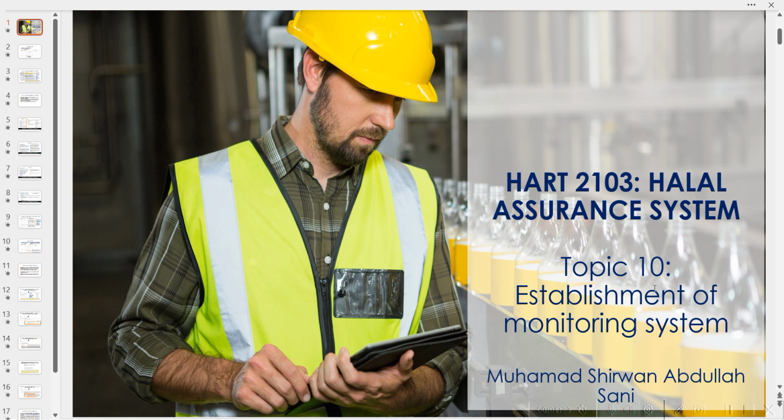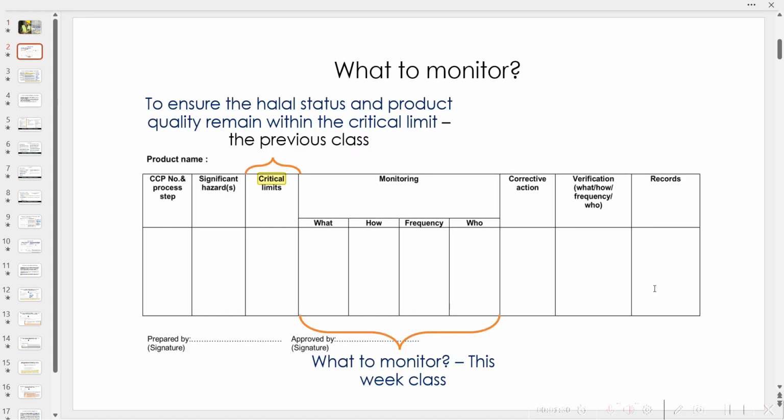Right, last week's topic is about establishment of monitoring system. We talked about the monitoring column in your halal assurance system process or services, where you need to fill in the information of the 4 sub-columns.